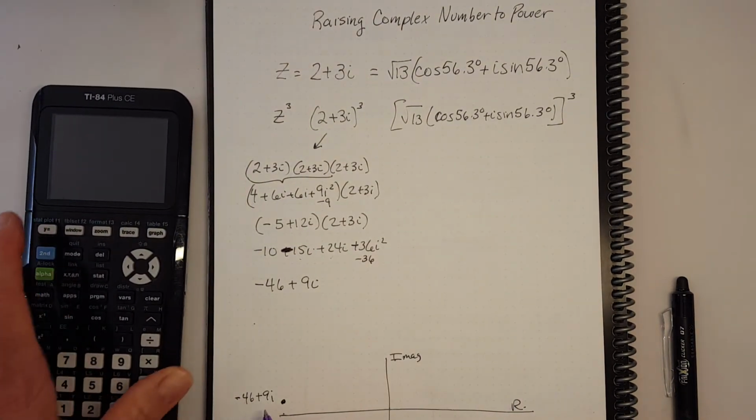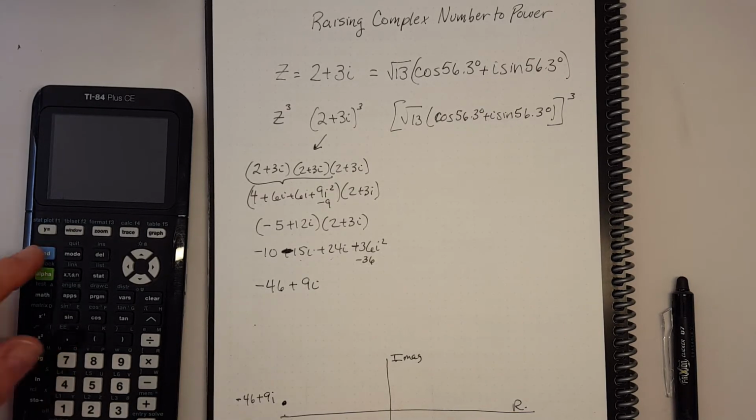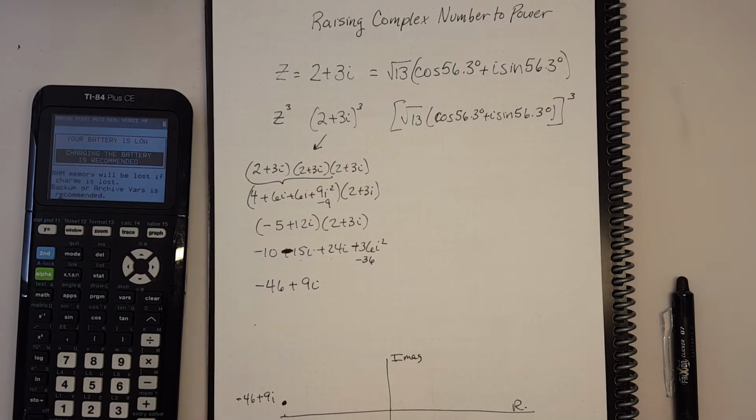So if we were to do the absolute value, we would have the square root of 46 squared plus 9 squared, which becomes 46.9. So that would be the absolute value of z cubed.